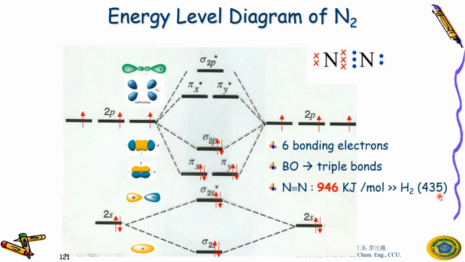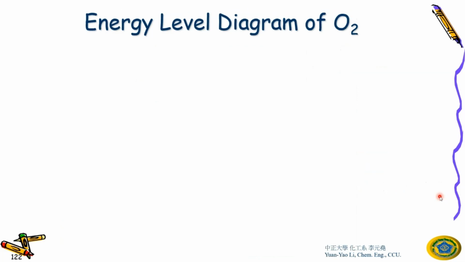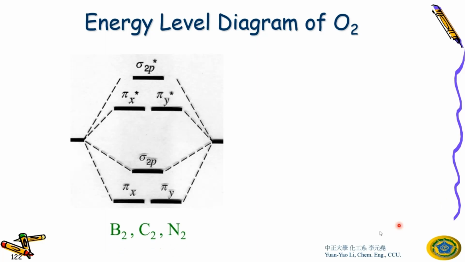Okay. How about the energy level diagram of oxygen? As I just told you, for boron, carbon, and nitrogen, there's an interaction between the s and p orbitals.